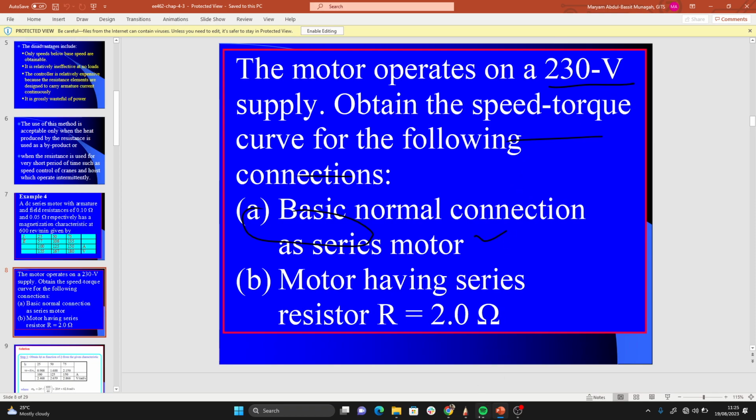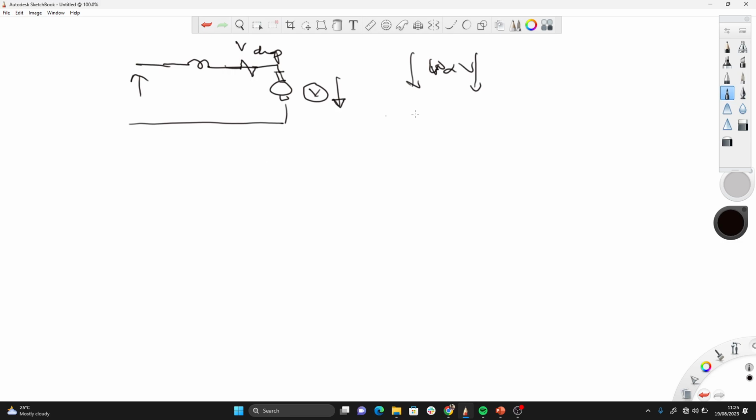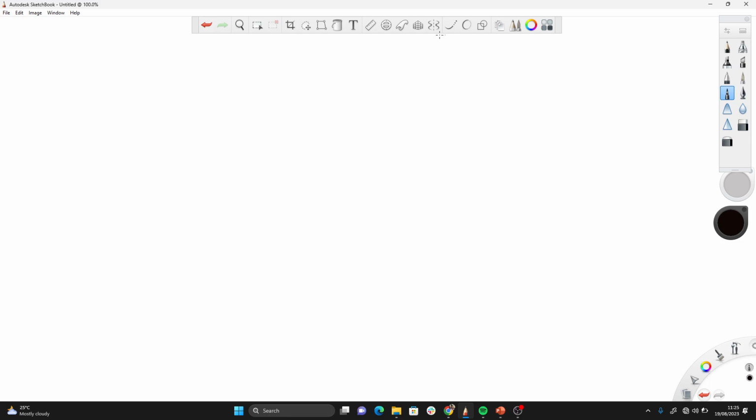Basic normal connection. So basic normal connection means before we come and connect the external resistance. So I'm having something like this here: RF here, I have my RA like this, and I have my voltage source here.